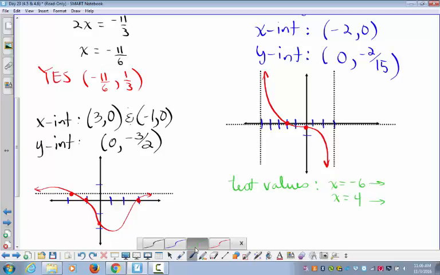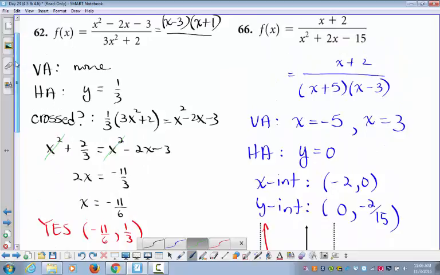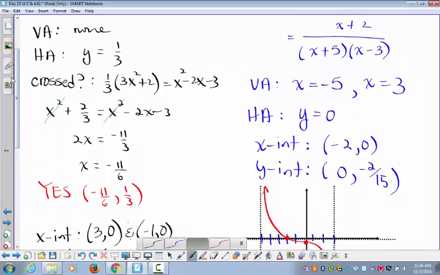That will tell us. So let's go up to our function, plug in -6. Right here where it's factored is probably the easiest place if we just care about the sign. -6 in here in the numerator is negative, negative, and negative. So if you take 3 negatives and you multiply them together, you get a negative.